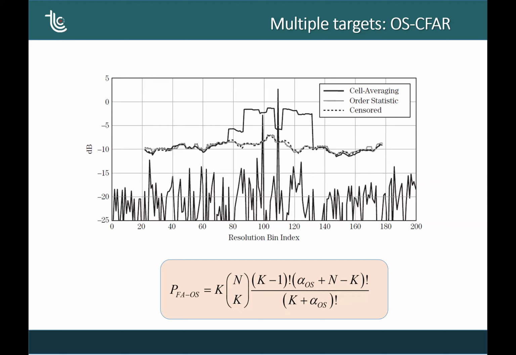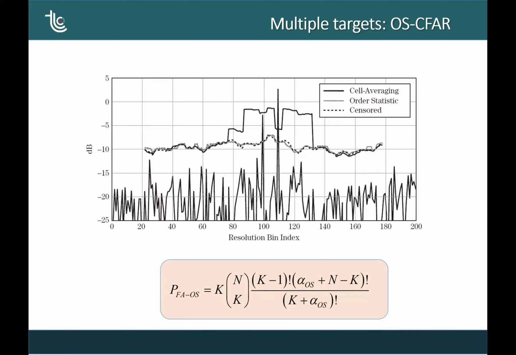Look at the figure. Ignore the censored, so the dotted line, because this is another CFAR detector that we are not considering. We are considering only the cell averaging and the order statistic. As you can see in the cell averaging, you have the solid line and you have the mutual masking. So the strongest target masks the weak target.